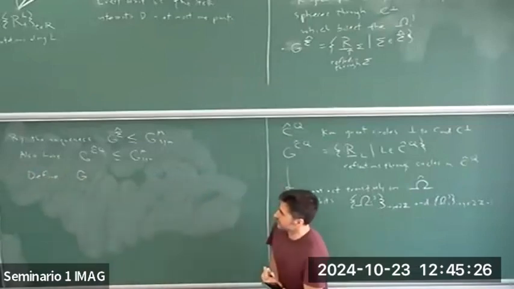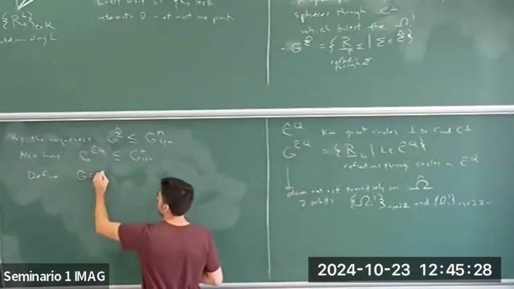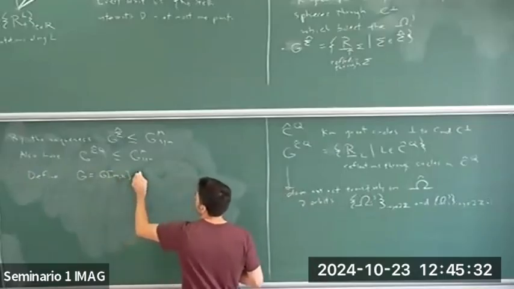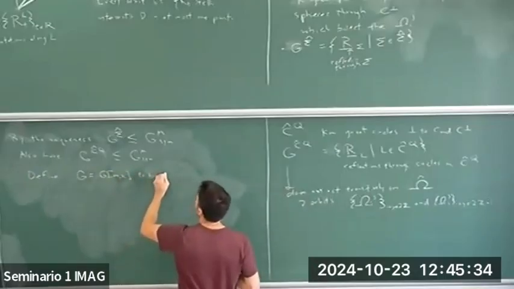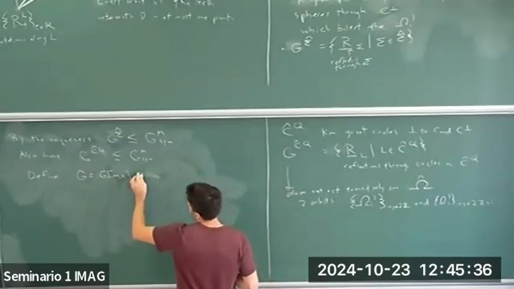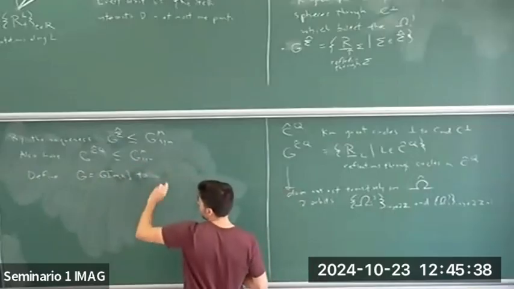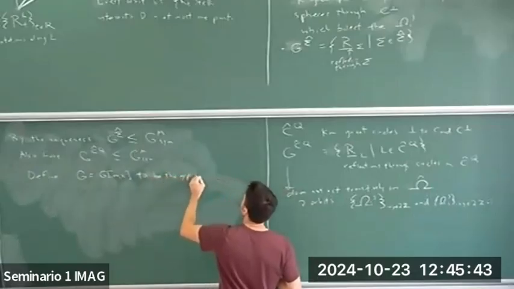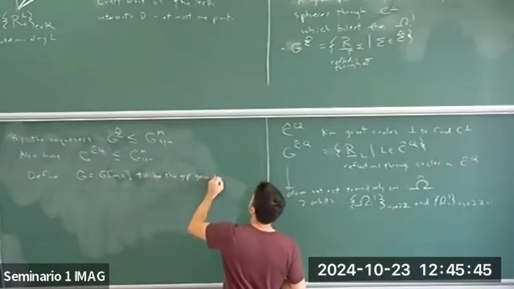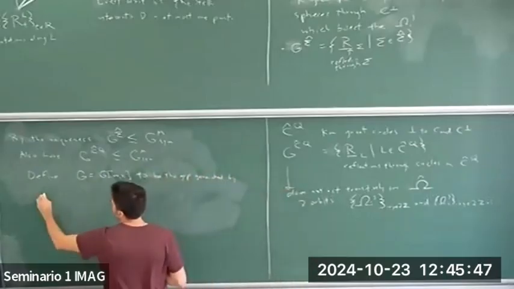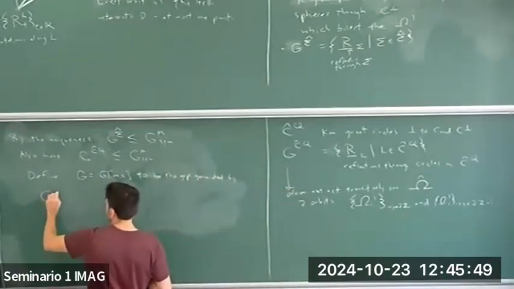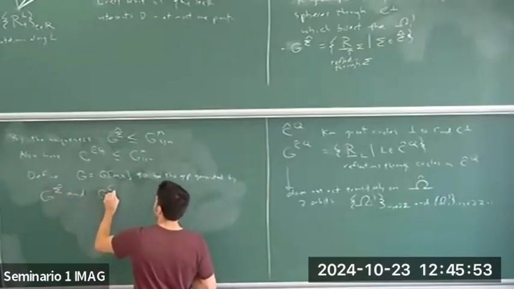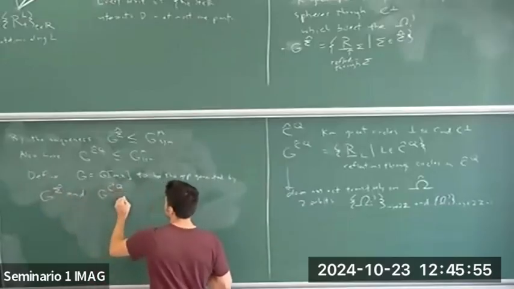So we'll define a group, which I'll just call G, the group generated by these two groups, G sigma and the other.